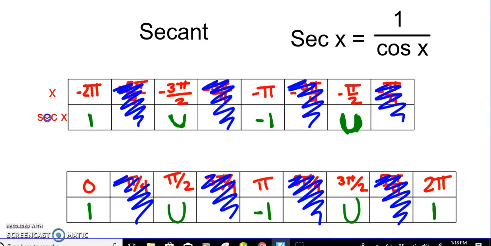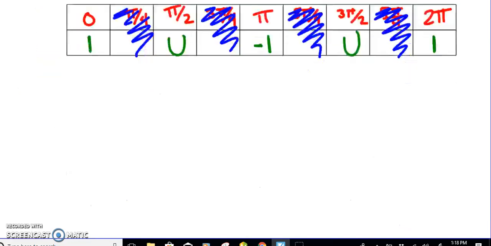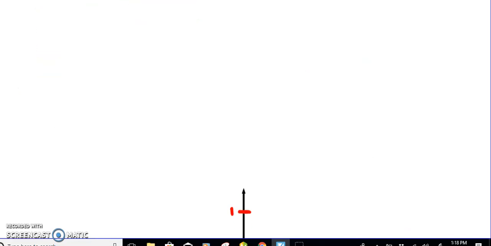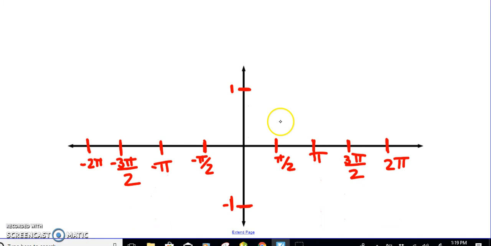All right, so when we do our graph, I'm going to graph out the cosine graph first and then go from there. It's the actual cosine graph. And again, you should have this on that graphic organizer I gave you guys, and you should be able to just put the values here, because you already did all the transformations from there.